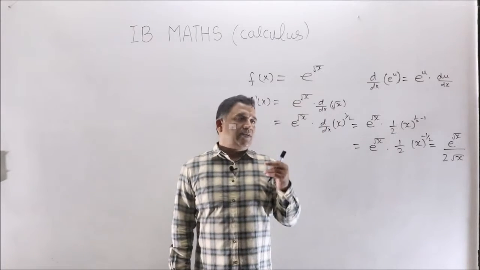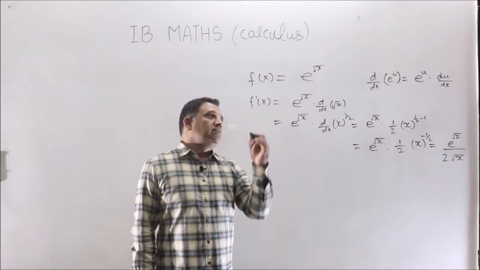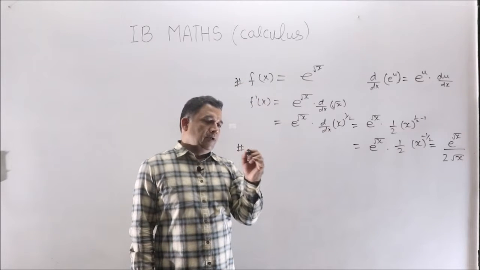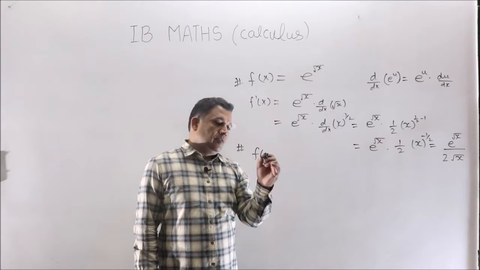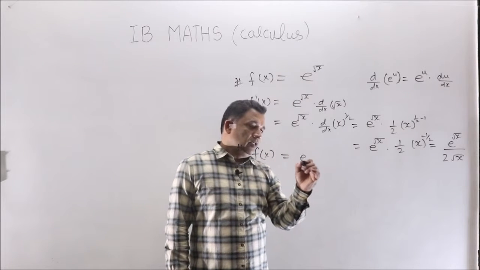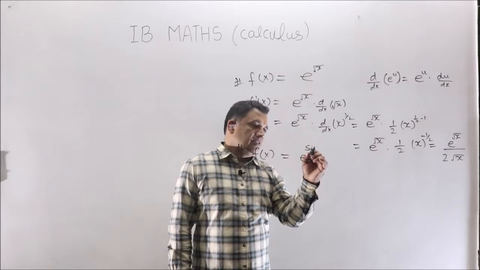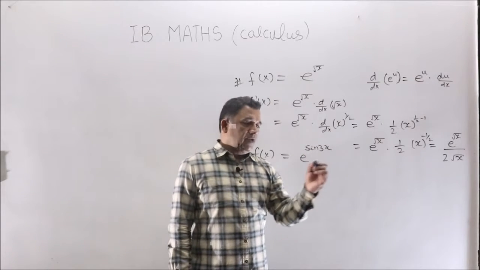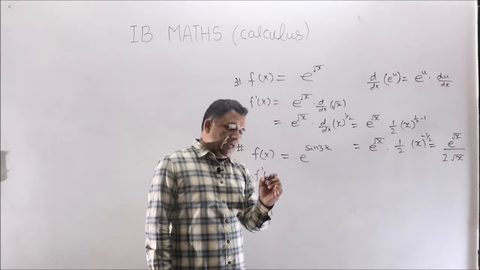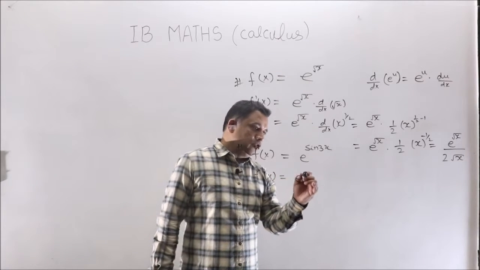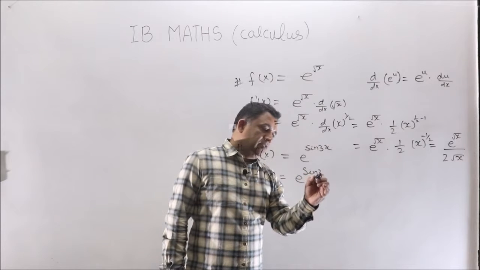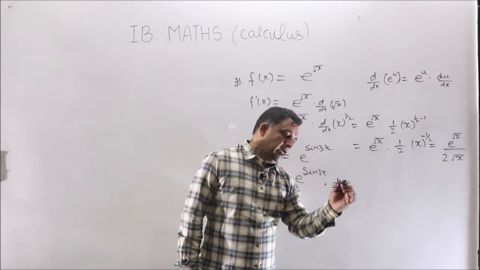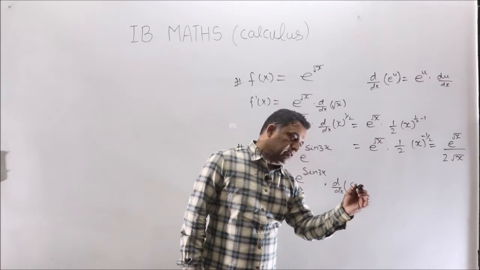Second question, if we take again this exponential type, like we have here, I am writing f(x) equal to e raised to power sine 3x. So very simple. What we can do is f dash x would be e raised to power sine 3x times the derivative of sine 3x.